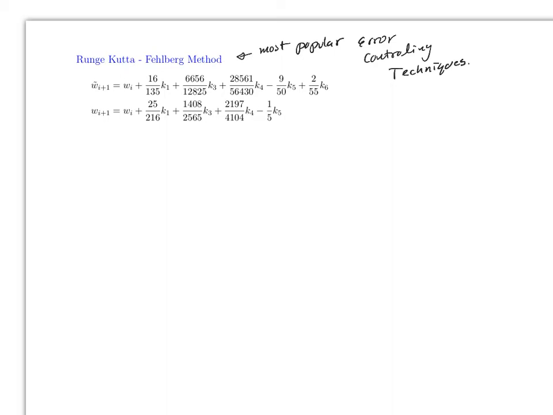Here, the first method is order h to the 5, and the second one is order h to the 4, and this uses Runge-Kutta methods, obviously.